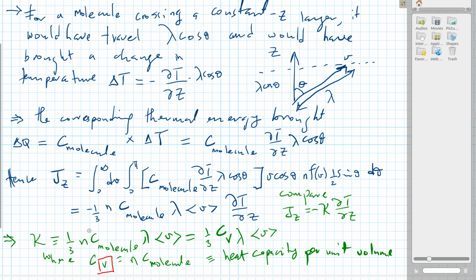And yes, that's a nice derivation from kinetic theory of gas for the heat capacity of gases. One can make substitutions, substituting an expression for the mean free path lambda, and then an expression for the average speed.